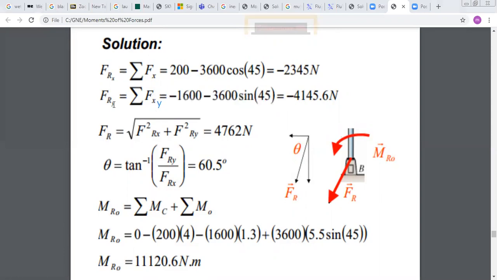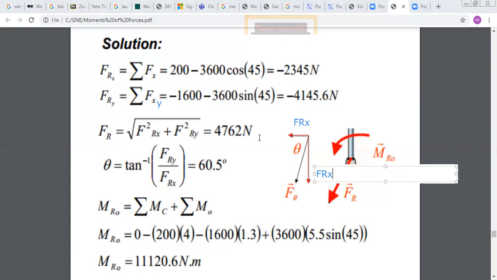Once you find Frx and Fry, so if we represent it here, this is Frx and this is Fry, you can calculate the magnitude of your force. The magnitude can be calculated as the radical of Frx squared plus Fry squared.